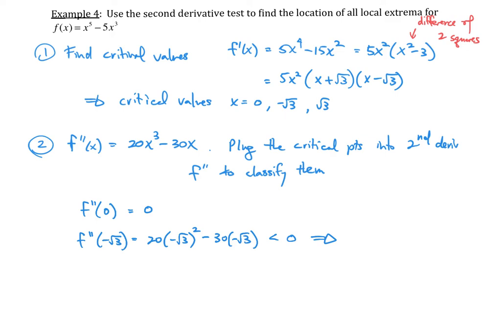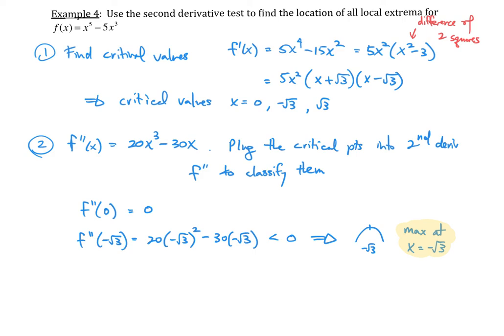So that means that, negative things make me sad, and we're evaluating this at negative rad 3. So this means that we have a maximum at x equal to negative rad 3. So that's our first meaningful extrema.